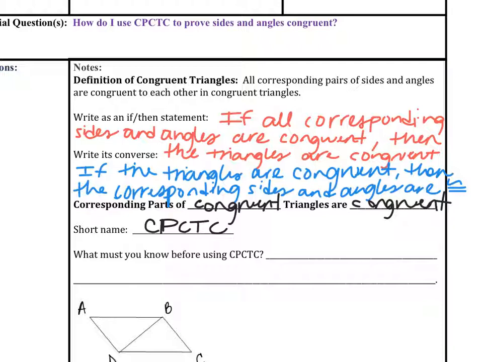What must you know before using it? You have to know that the triangles are congruent before you tell me that the parts of the triangles are congruent. So you first have to prove the triangles congruent.